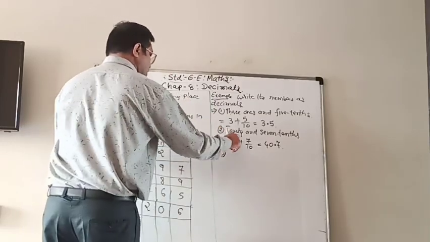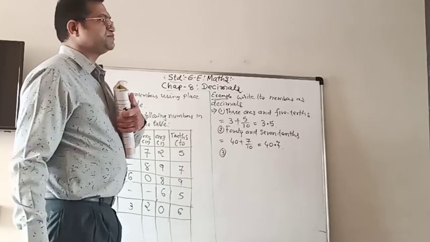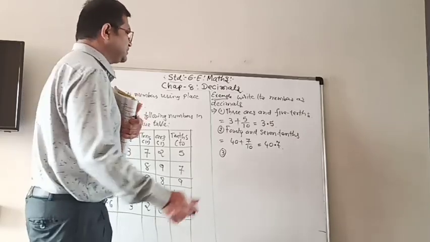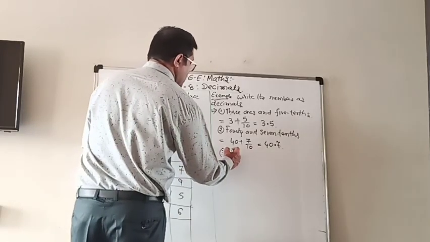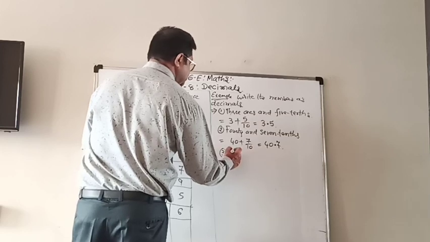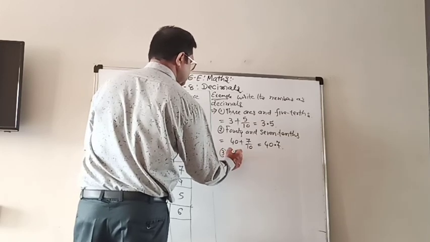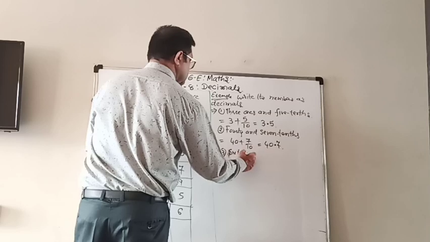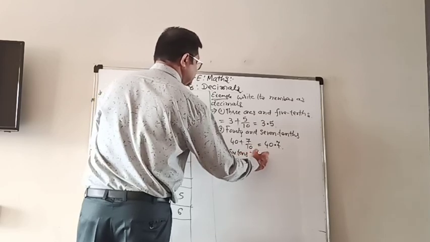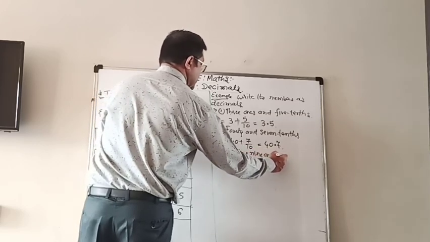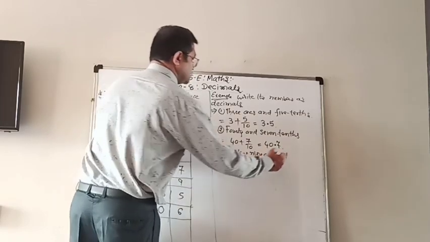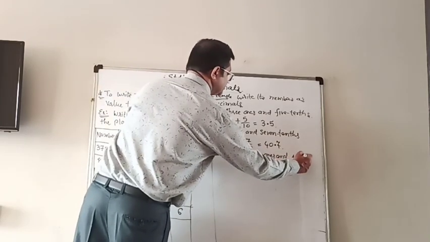Now in place of 40 or 50 directly, they can write down like that also. 6 tens, 9 ones and 2 tenths.